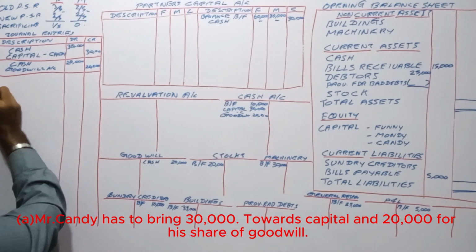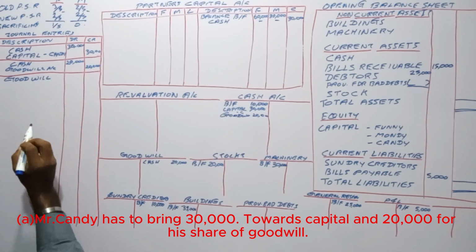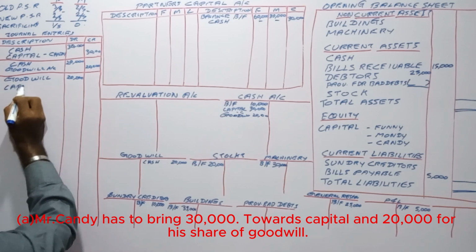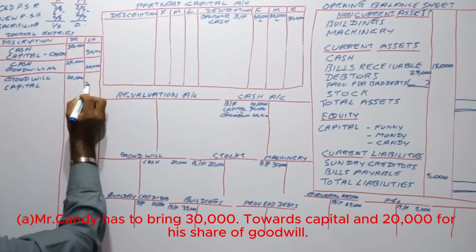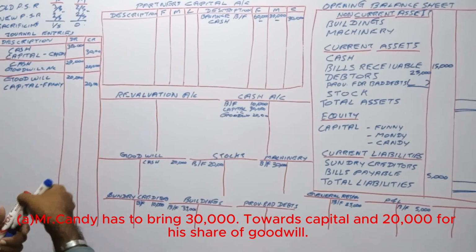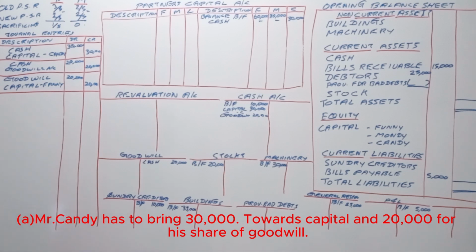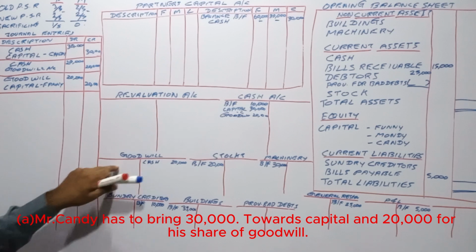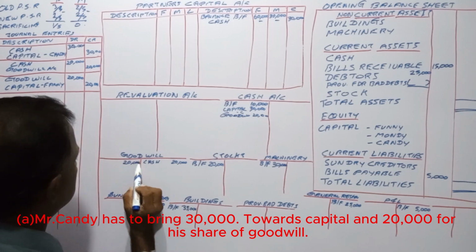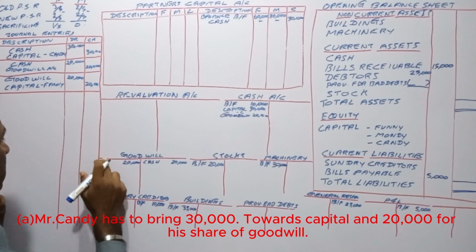So the third entry is distribution of goodwill: goodwill account debit 20,000 and Fanny's capital account credit 20,000. This is the double entry.